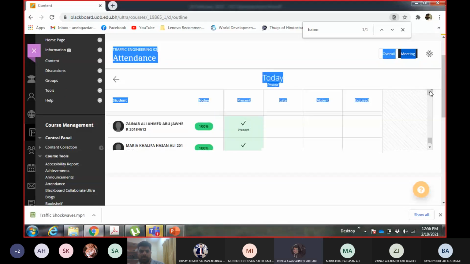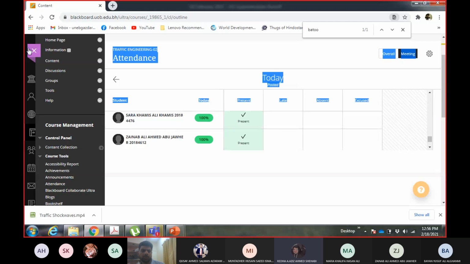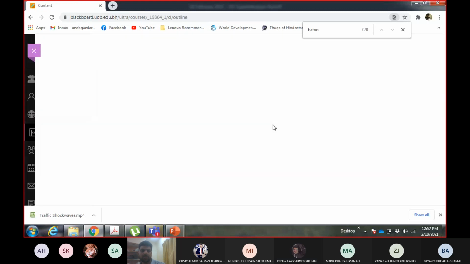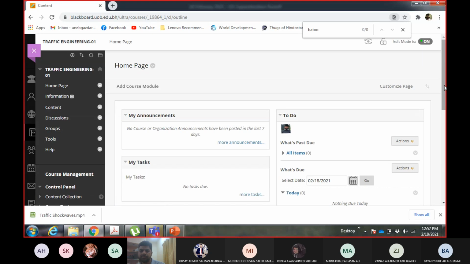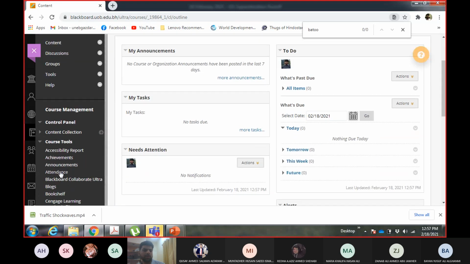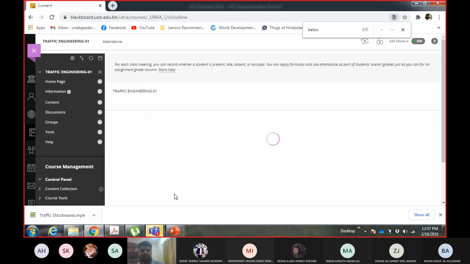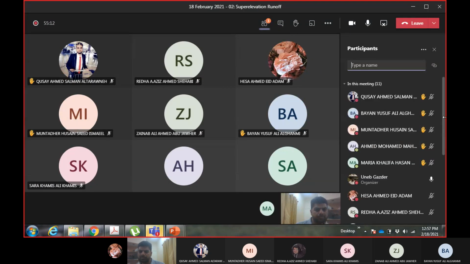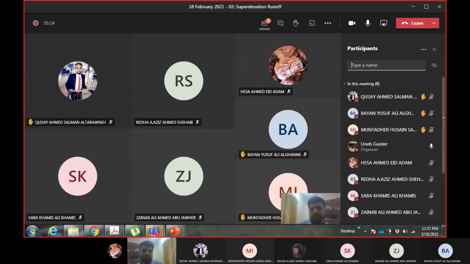Doctor, section 1. Going for section 1, others can leave. Anybody from section 1?